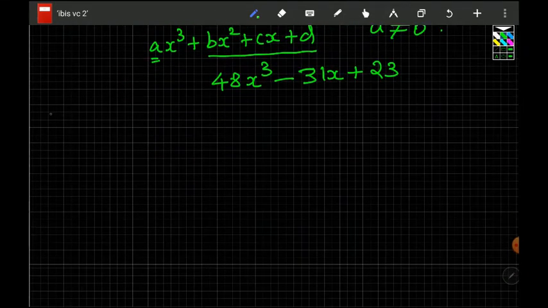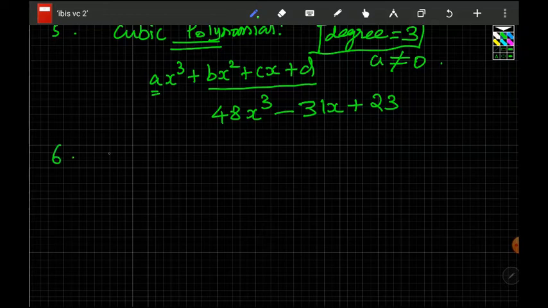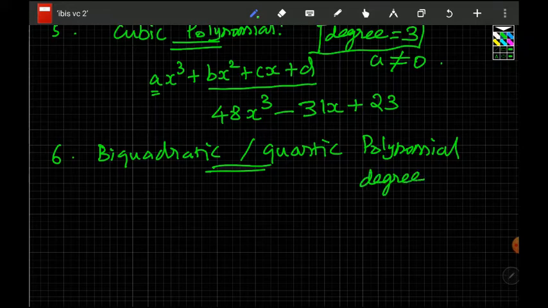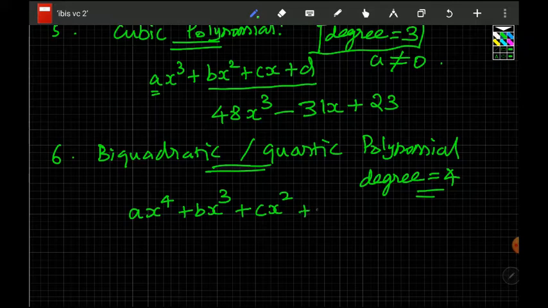Then, sixth in our list comes the biquadratic, or we can even call it quartic polynomial. A polynomial with degree 4 is called a biquadratic or quartic polynomial. The general form may be ax power 4 plus bx cube plus cx square plus dx plus e.